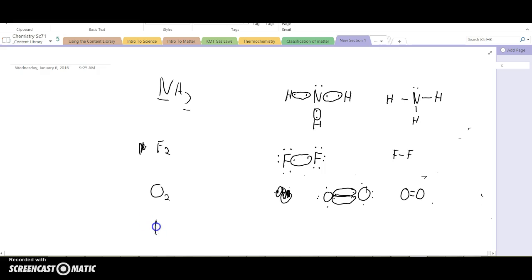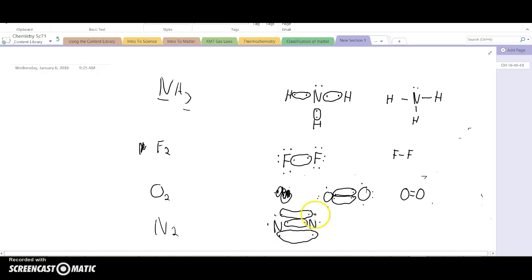And then we can look at an example of N2. Nitrogen has 1, 2, 3, 4, 5 valence electrons. Share this pair. Now they have 6. Share this pair. Now they have 7. Share this pair. Now they have 8.